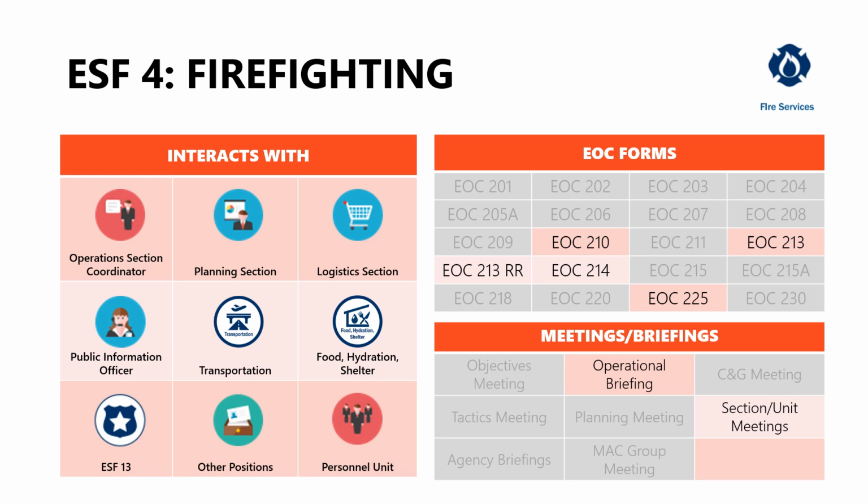They're going to attend any planning meetings at the request of the section coordinator, and they're also going to coordinate with the public information officer to disseminate information and warnings to the public that might be needed. This includes locations of shelters, first aid facilities, casualty collection points, field treatment sites, public health hazards, and mitigation procedures.